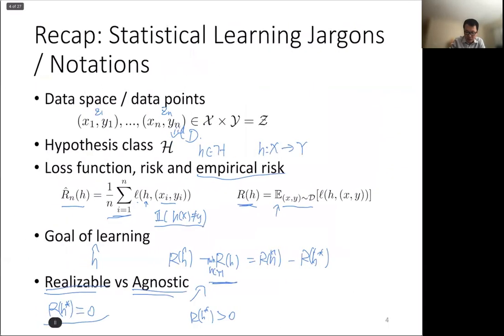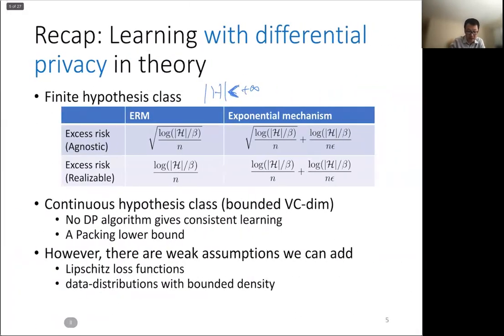So what is excess risk? This is how much additional risk you incur compared to the best classifier in hindsight, the best classifier representable within the class. For the ERM, the excess risk scales like that in the big O notation.